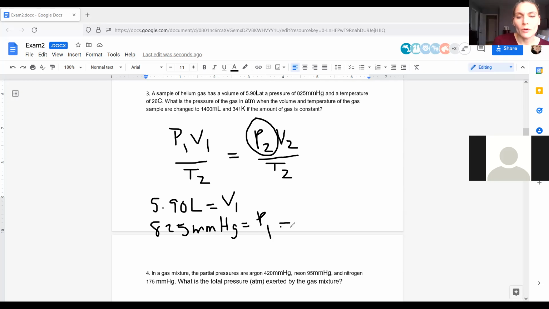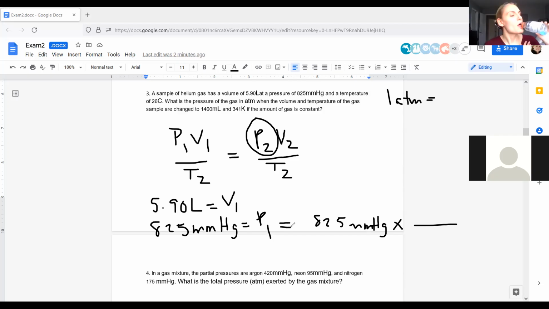So what I'm going to do is take the 825 millimeters of mercury. And what is that equivalent? 1 ATM equals how many millimeters of mercury? What's that conversion?